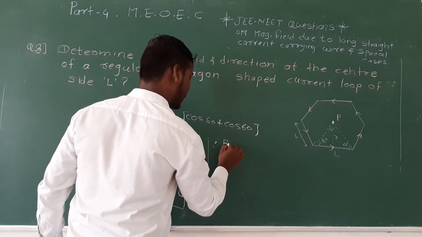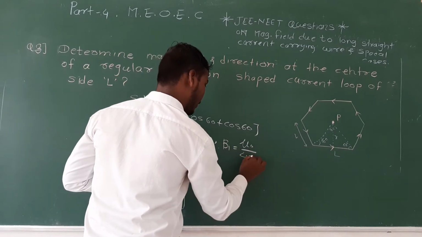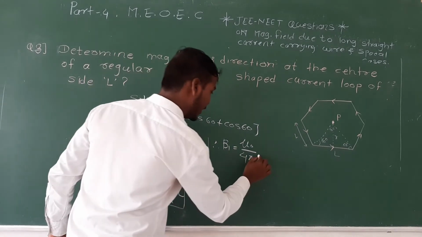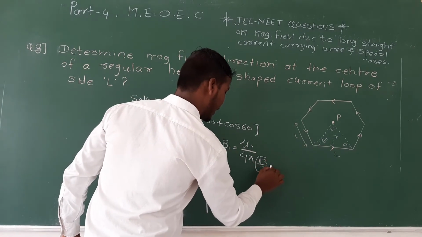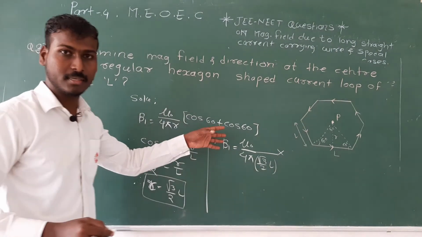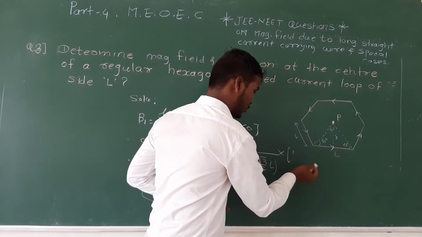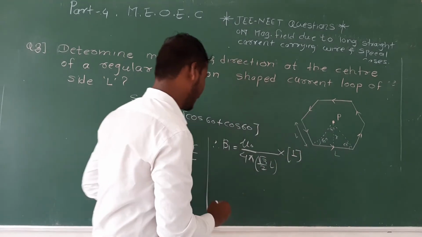Therefore B1 is equal to mu 0 I upon 4 pi into R, which is root 3 by 2 L, into cos 60 plus cos 60, which is 1 by 2 plus 1 by 2, only 1.